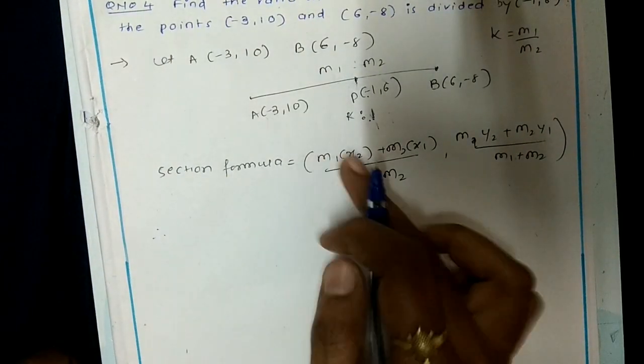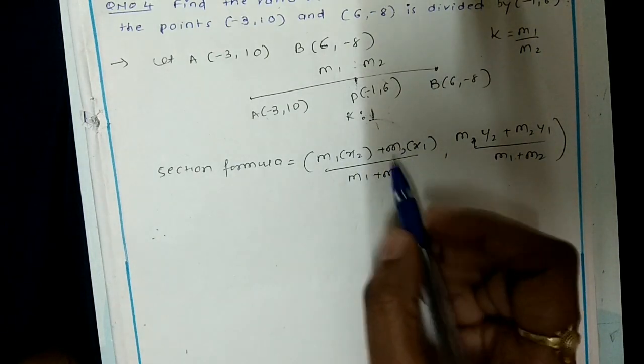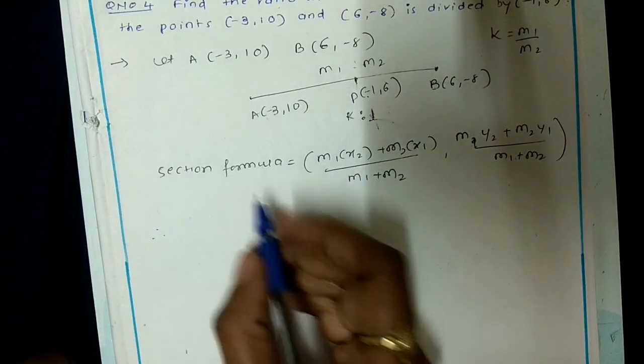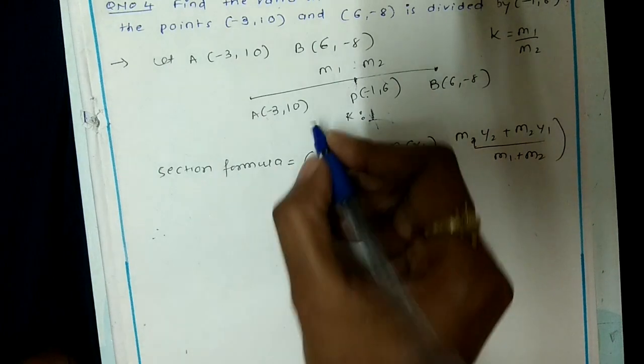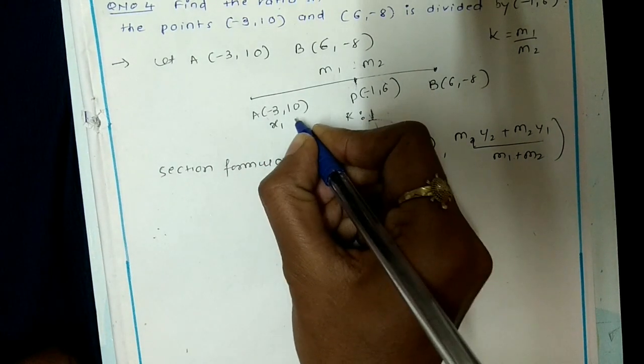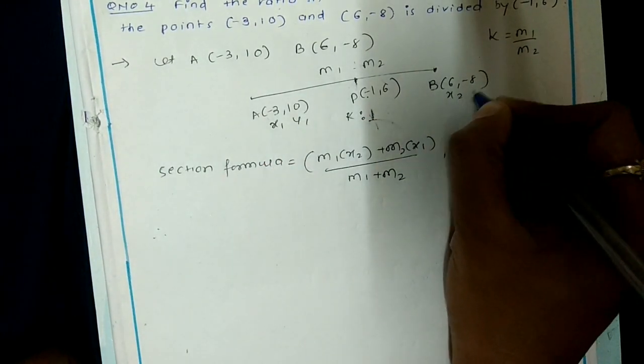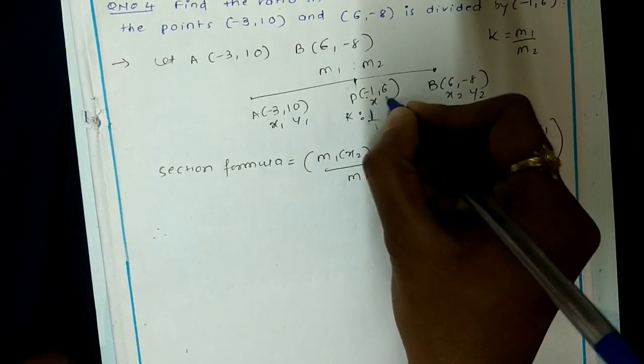So I would like to use the first one, which gives the x coordinate of the point of division, that is -1. Let us write: this is x1, y1, this is x2, y2, and this is x and y.